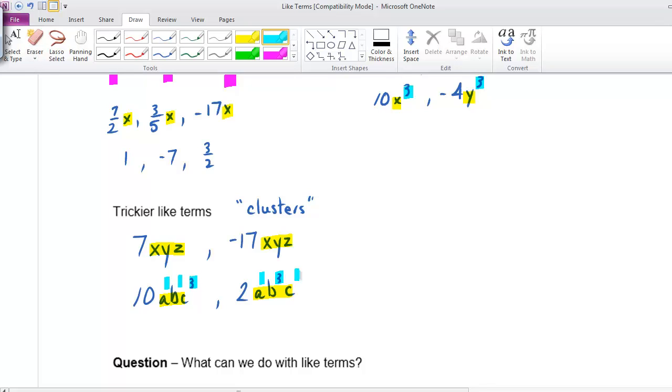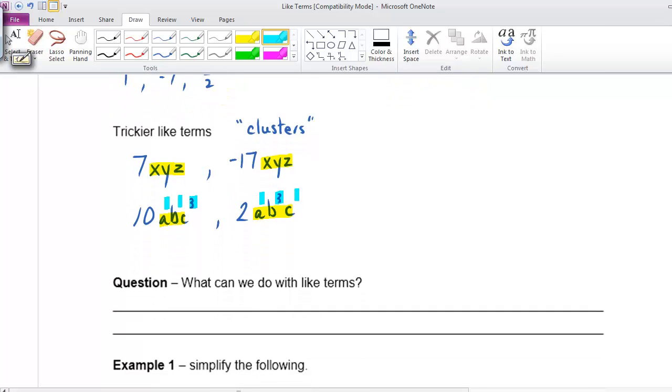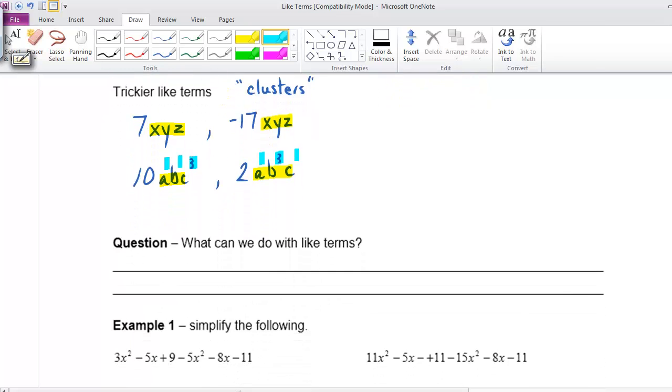So for the most part, I'm not really interested in that, but it's a good way of making sure you understand this idea of a like term. It doesn't have to be plain single letters with exponents.